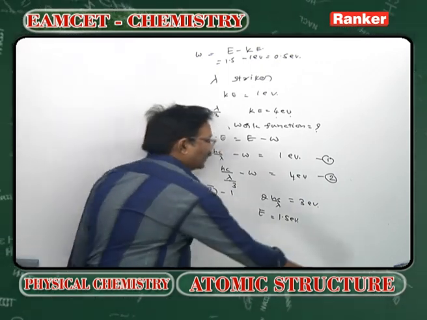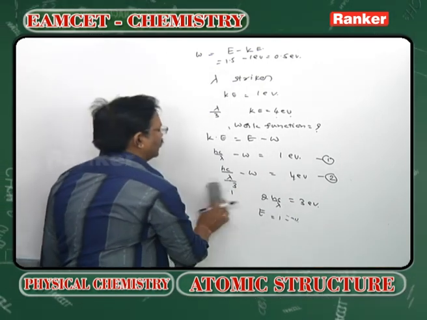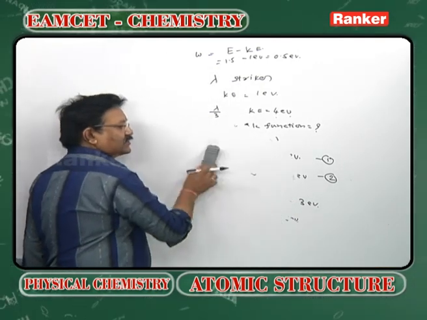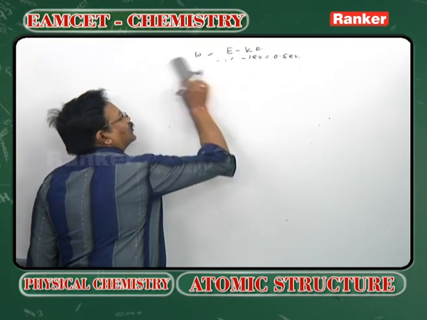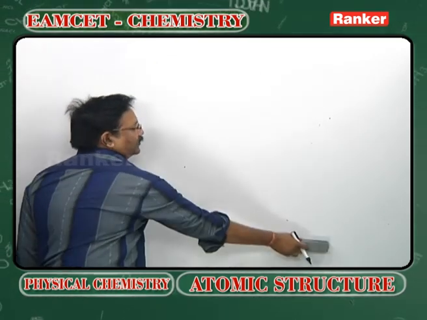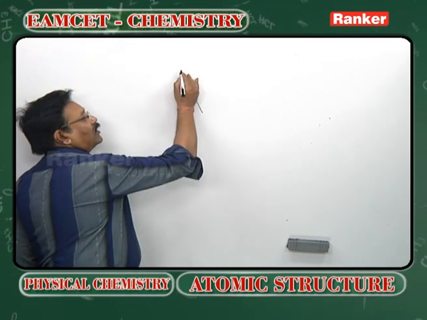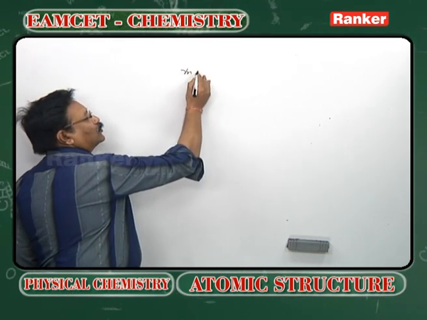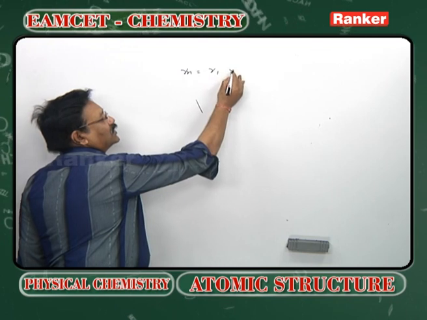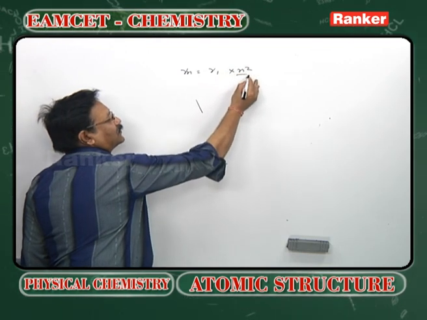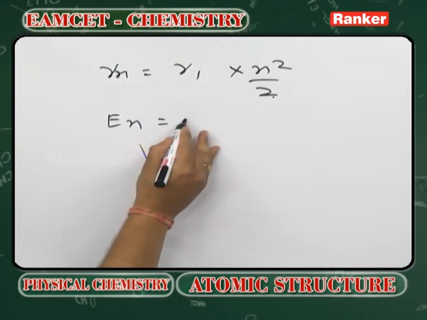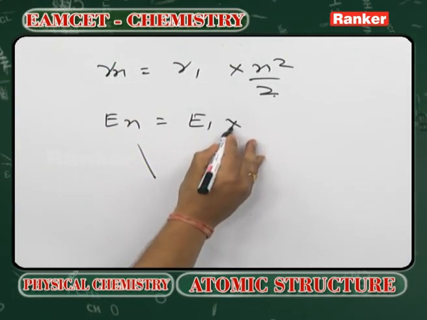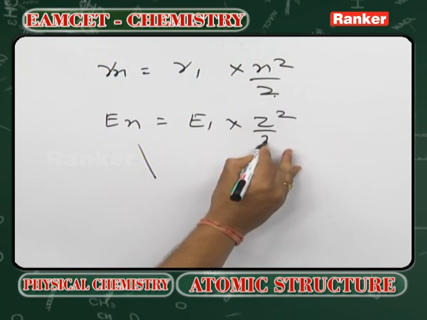Now, the next question is, what are the important relations we have discussed regarding the Bohr model of an atom? Getting back to that, Rn is equal to R1 into n square by Z. En is equal to E1 into Z square by n square.